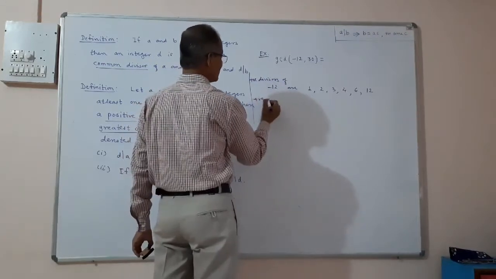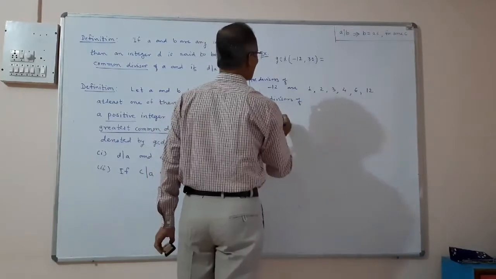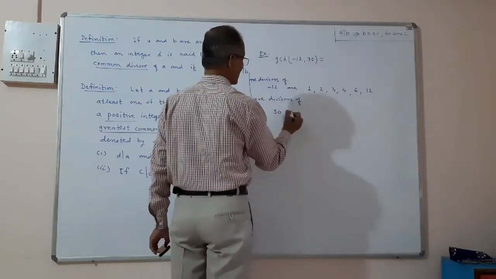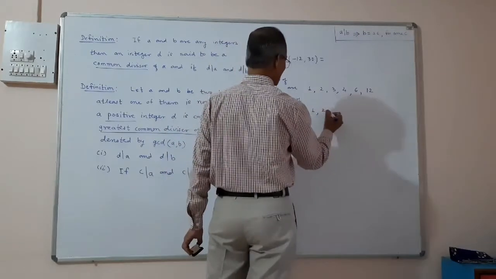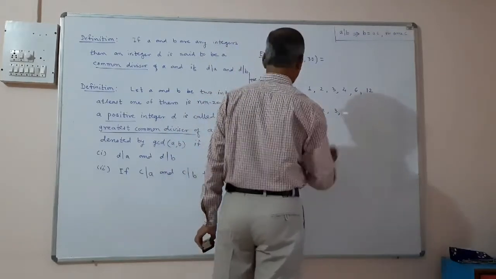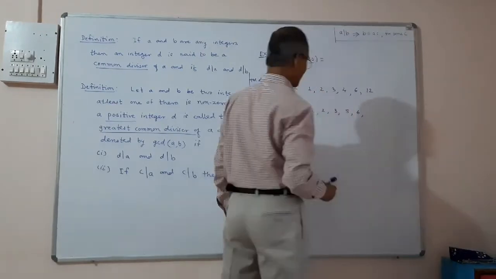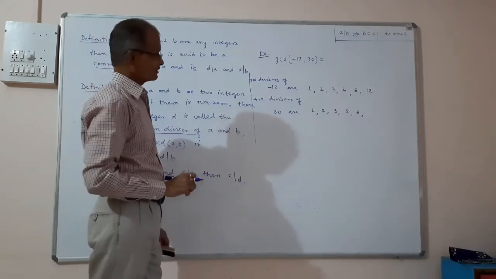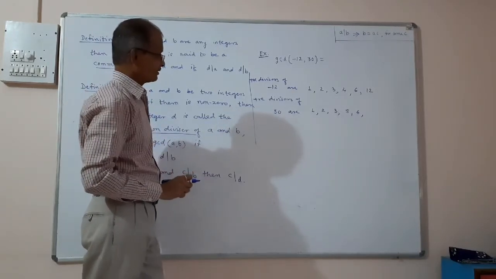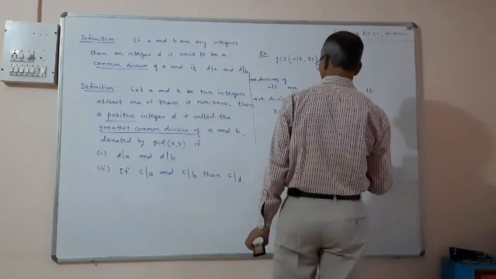What are the positive divisors of 30? They are 1, 2, 3, 5, 6, then after 6, 10, 15, and 30 itself.